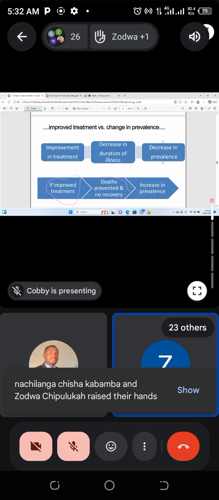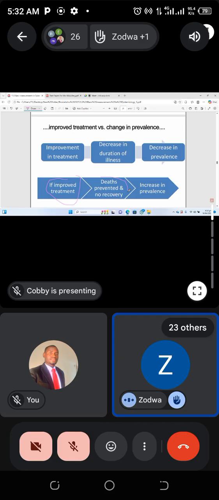Good morning, sir. Good morning, colleagues. So if we improve treatment, prevent deaths, and there is no recovery, this means we've just improved the treatment and people will not die, but we'll still have new cases coming, and the old cases are not dying, but they will remain.